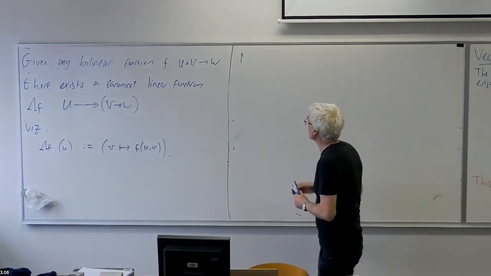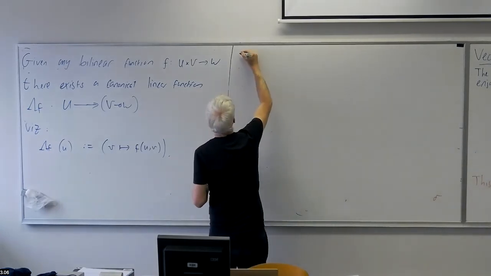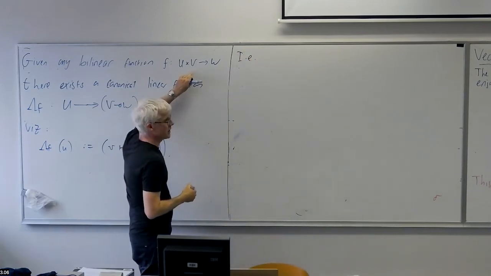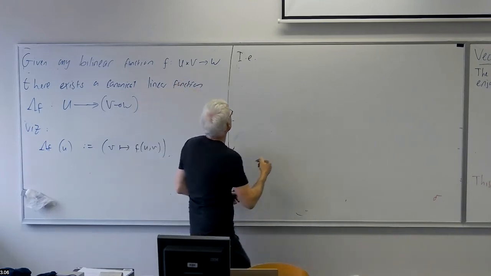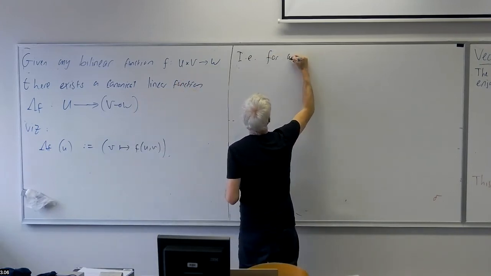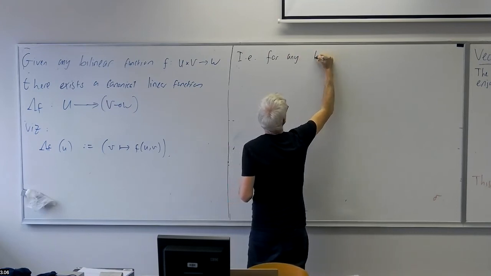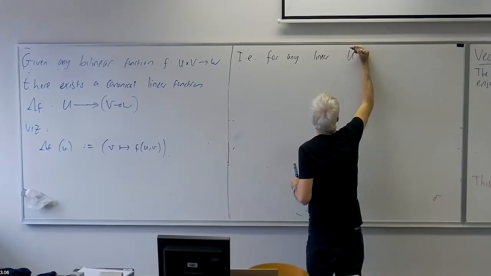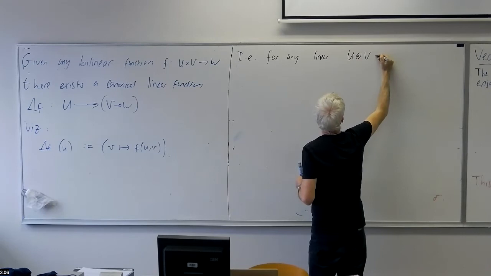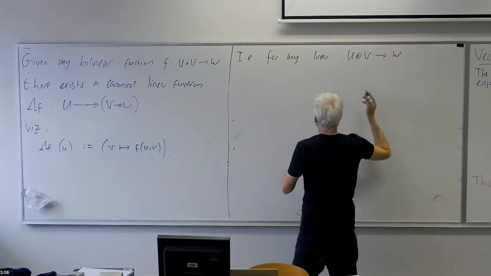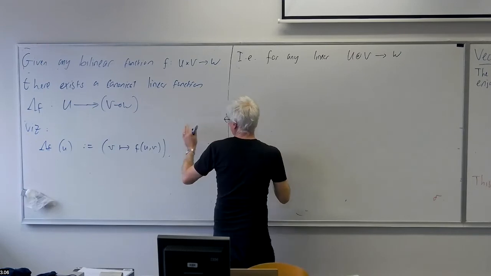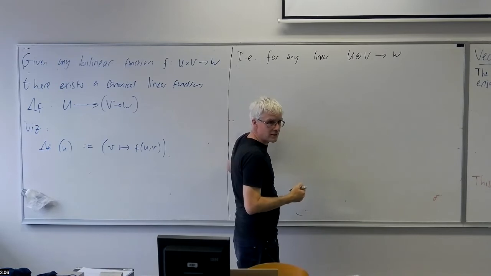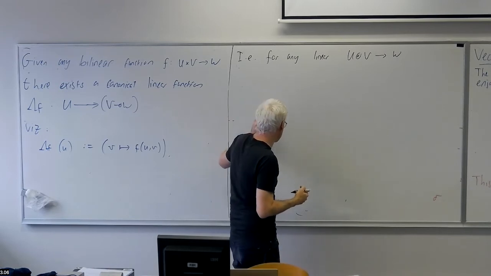So what happens is that for any, in other words, using the fact that bilinear functions correspond to linear maps out of a tensor product, another way of writing that is for any linear map from U tensor V to W. So I want to reformulate this using just the maps in the category of vector spaces, namely just linear maps.